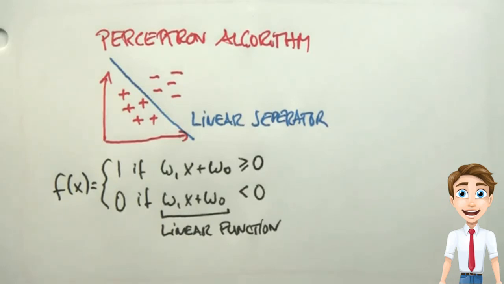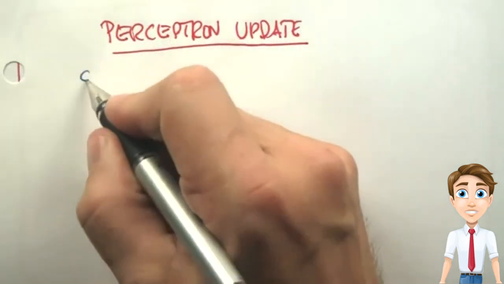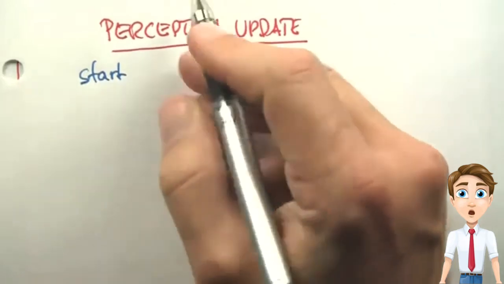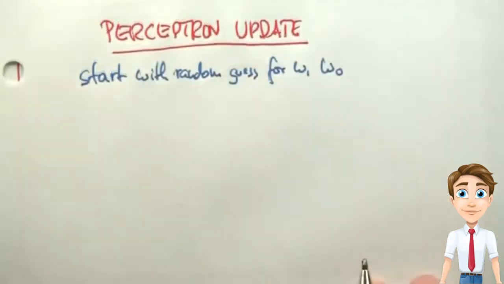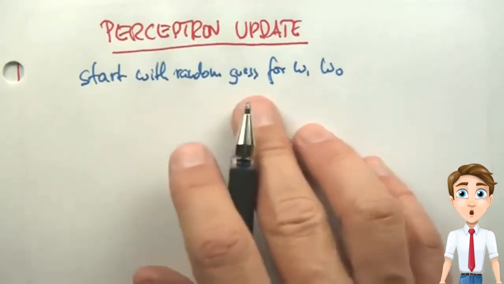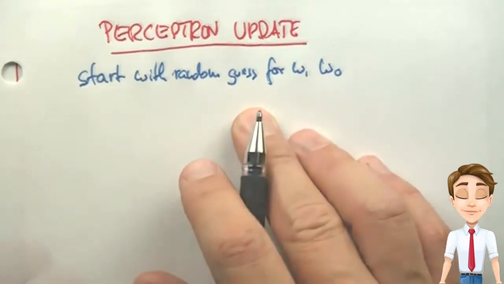Perceptron is an iterative algorithm that is not dissimilar from gradient descent. In fact, the update rule echoes that of gradient descent, and here's how it goes. We start with a random guess for W1 and W0, which may correspond to a random separation line that usually is inaccurate.